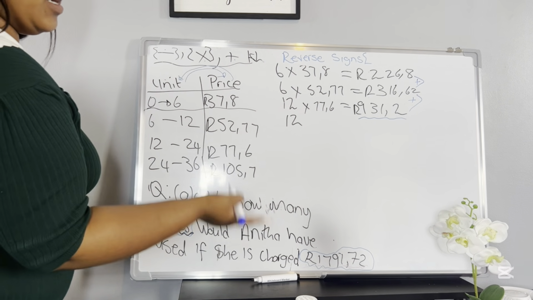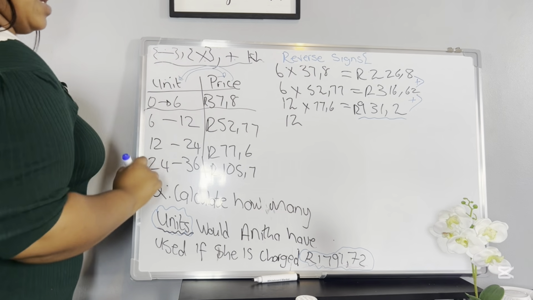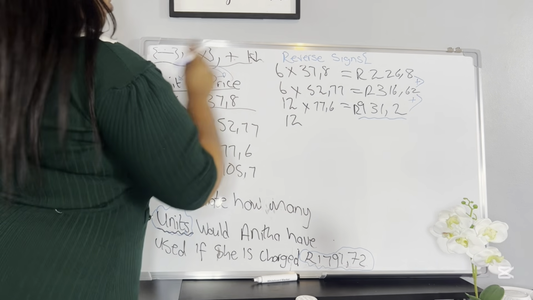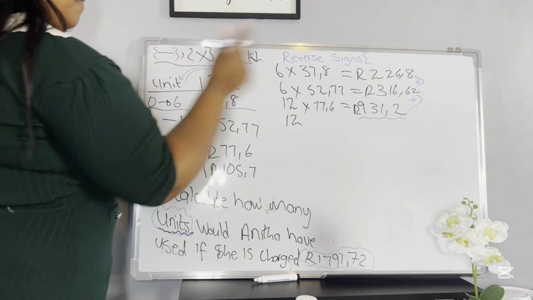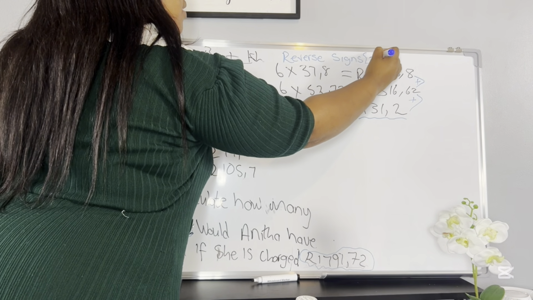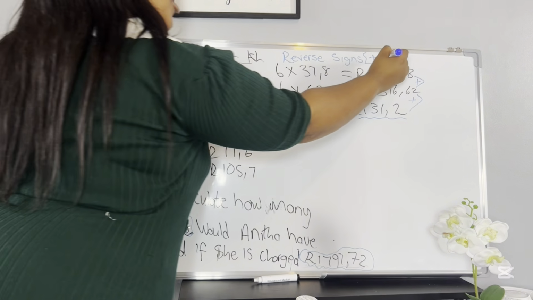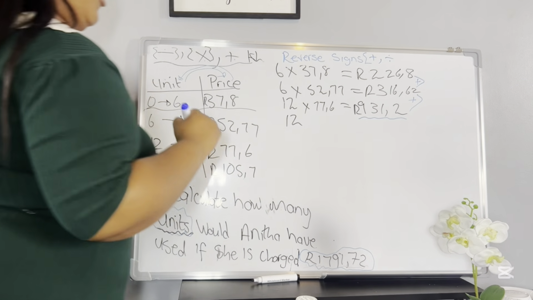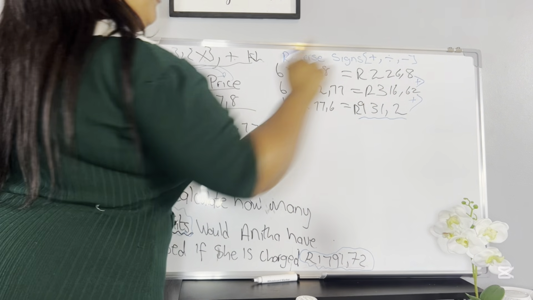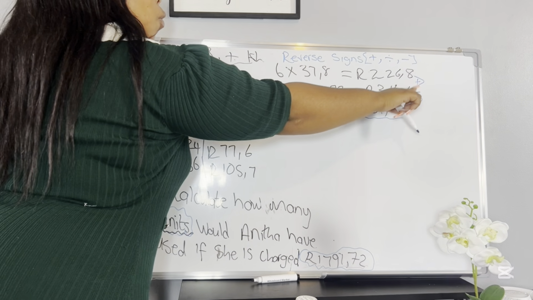So when we are dealing with a complex question, we reverse our signs. The subtraction, the minus, will be addition. The multiplication will be a division. The plus will be subtraction. Now, that's why here we are adding.